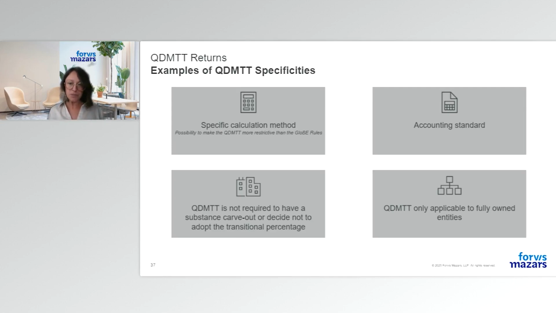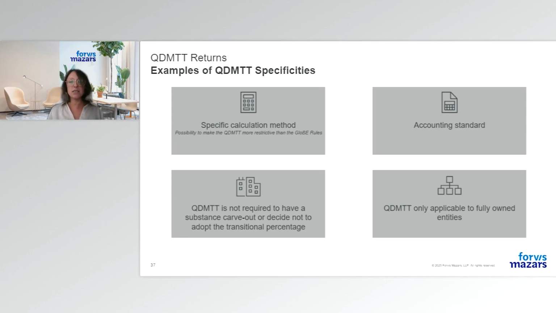Another difference is the financial accounting standard. For example, in Ireland, the Irish GAAP must be used for the local top-up tax computation. The QDMTT is not required to have the substance carve-out, or the jurisdiction may decide not to adopt the transitional percentage and apply the 5% carve-out from the first year.